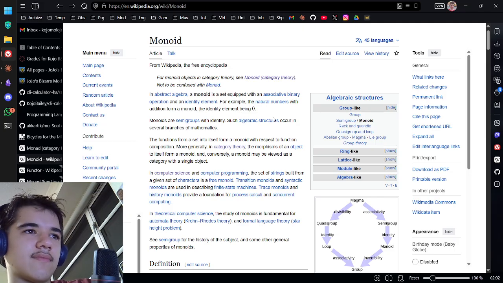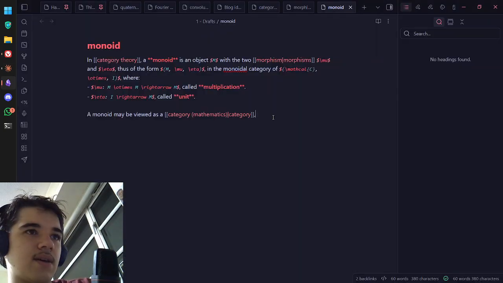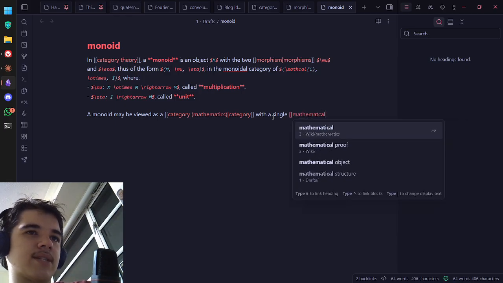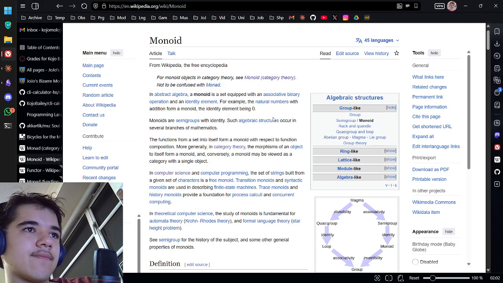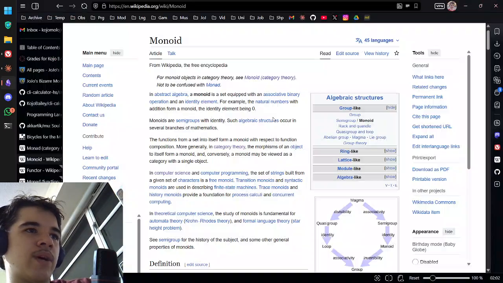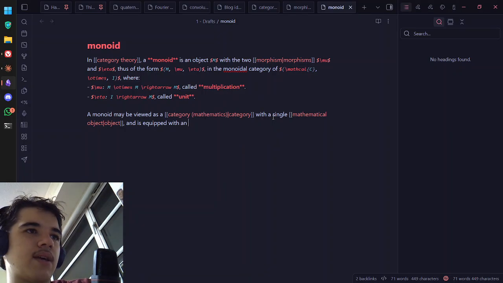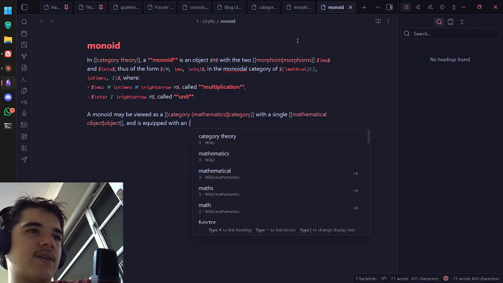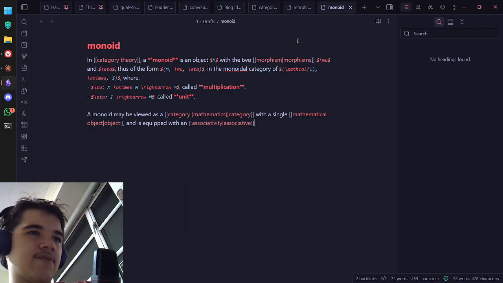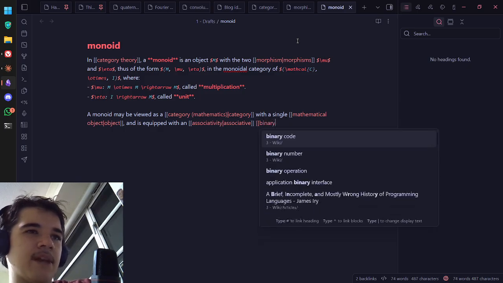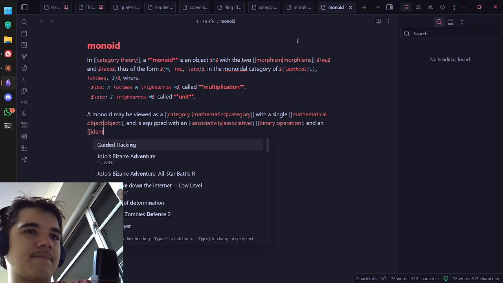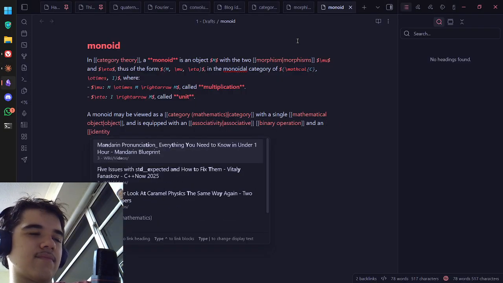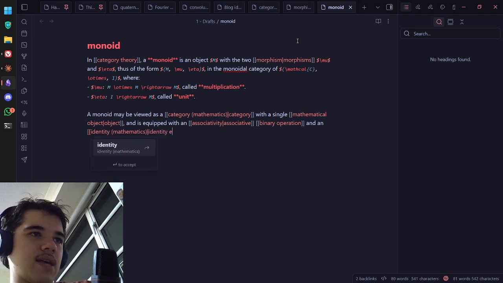Conversely, with a single mathematical object, or just objects, and is equipped with an associative binary operation. Oh, cool, a binary operation, and an identity element.